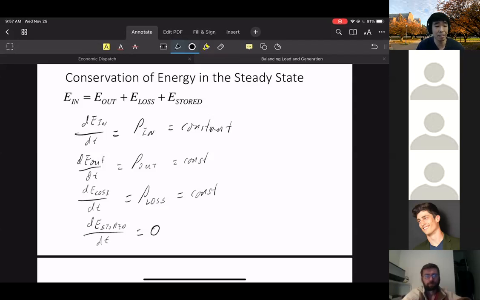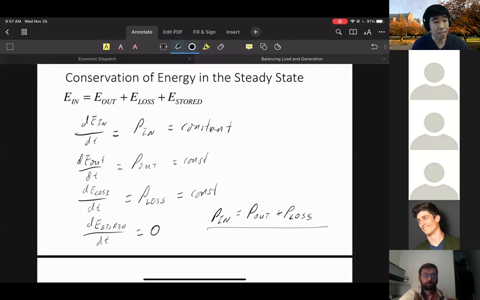Because if this is a constant but not zero, we're actually always putting some energy into storage or always withdrawing from storage. But that's not steady state. So for steady state, we have P in equals P out plus P loss. This is our power balance. And in a steady state, we're not putting net energy into a storage, right? If you think of storage being the spinning of a generator, it's not going to always accelerate or decelerate.